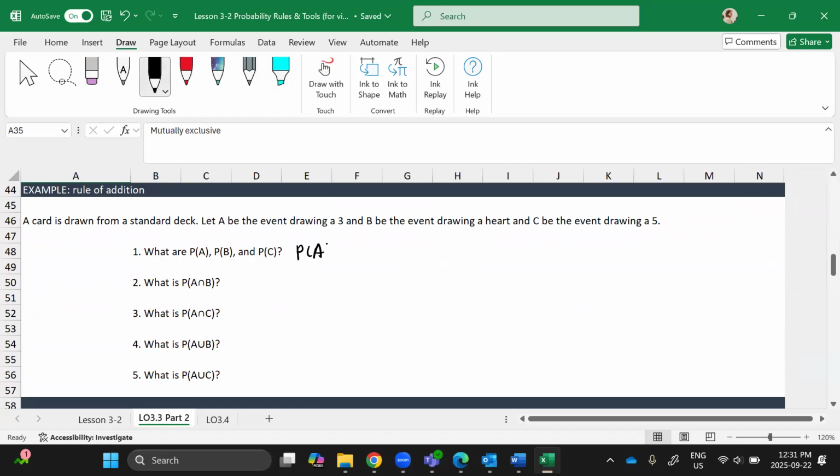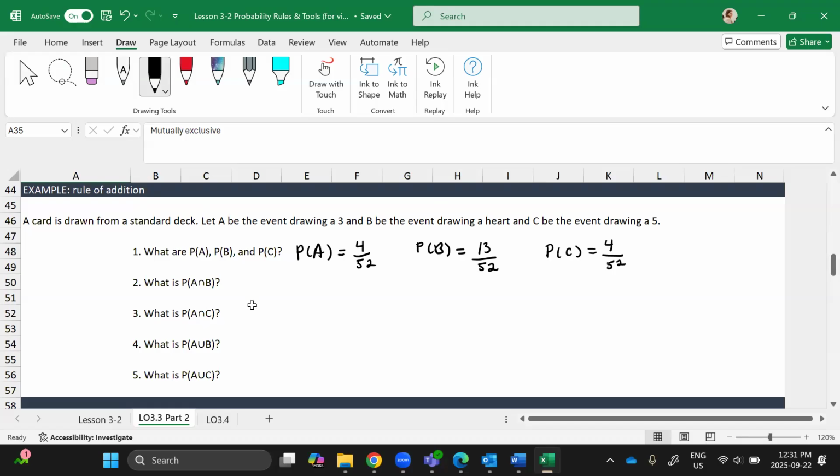So if A is drawing a 3, there are 4 3s out of 52. If B is drawing a heart, there are 13 hearts in the deck out of 52. And if C is drawing a 5, again, there's 4 5s. 5 of hearts, 5 of diamonds, 5 of spades, 5 of clubs out of the 52 cards in a fair deck.